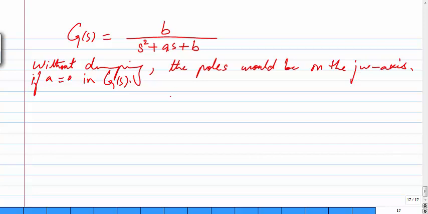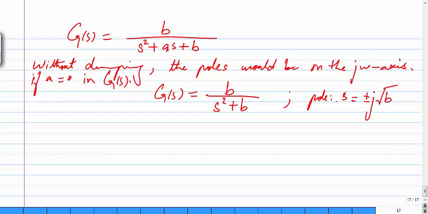In that case your transfer function looks like b divided by s square plus b. If I calculate the pole location, it comes out to be s equal to plus minus j under root b. That tells us that you are on the j omega axis, or in other words you have an undamped response, a pure oscillation.